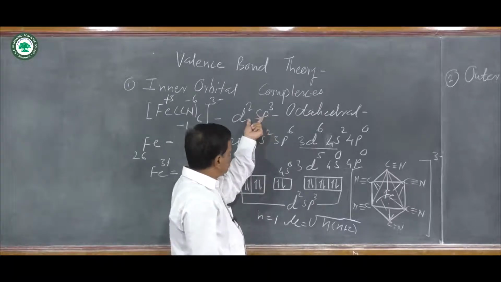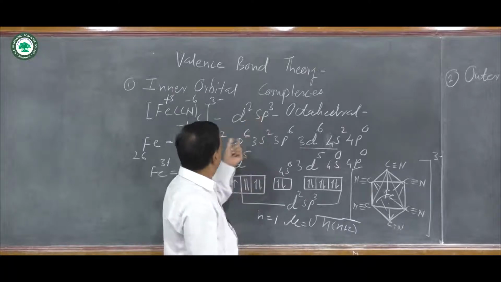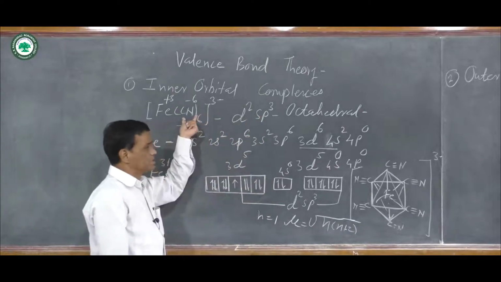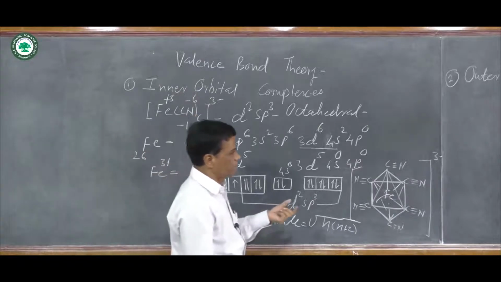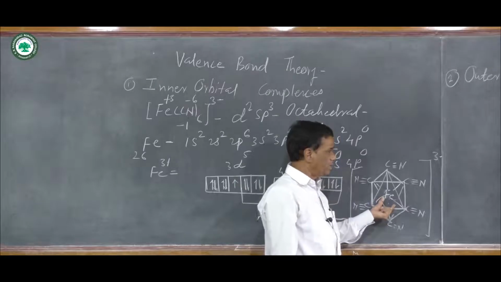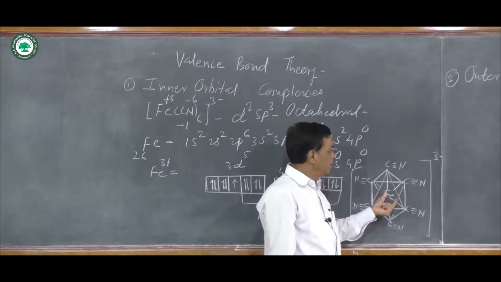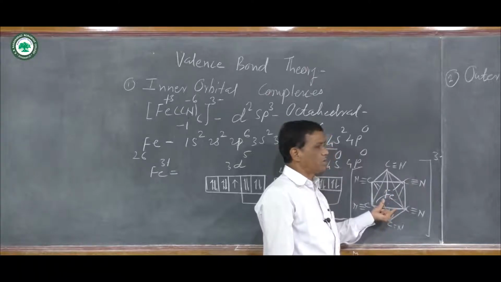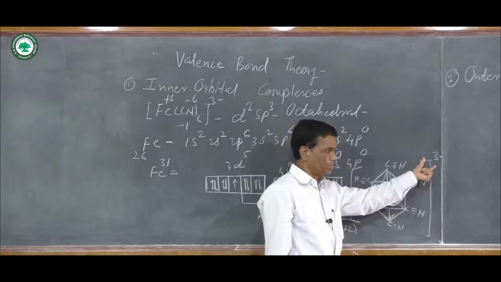These 6 equivalent hybrid orbitals overlap with the atomic orbitals of the cyanide ligands, and 6 sigma bonds are formed. Therefore, the coordination number of iron is equal to 6. The complex ion is octahedral, and this is the shape of that octahedral complex. The charge on that complex is equal to 3 minus.